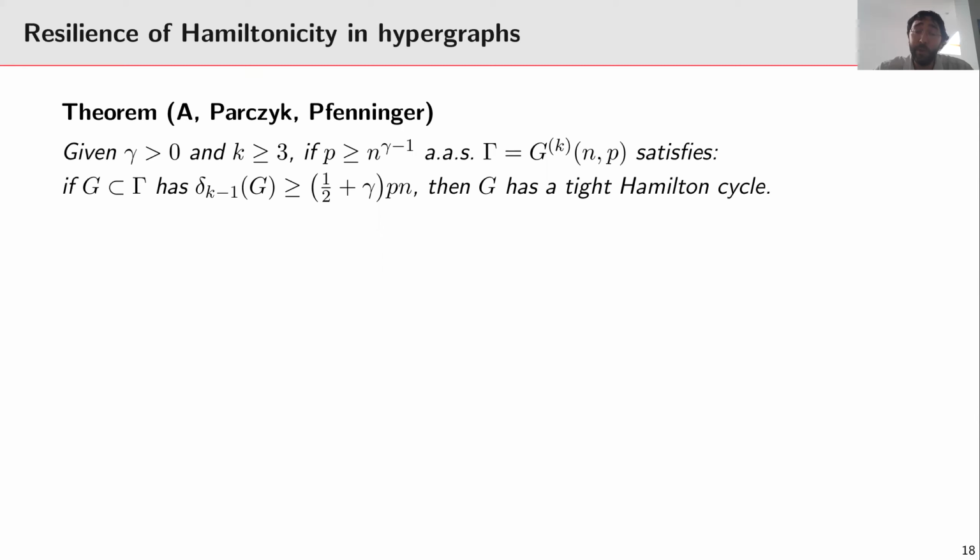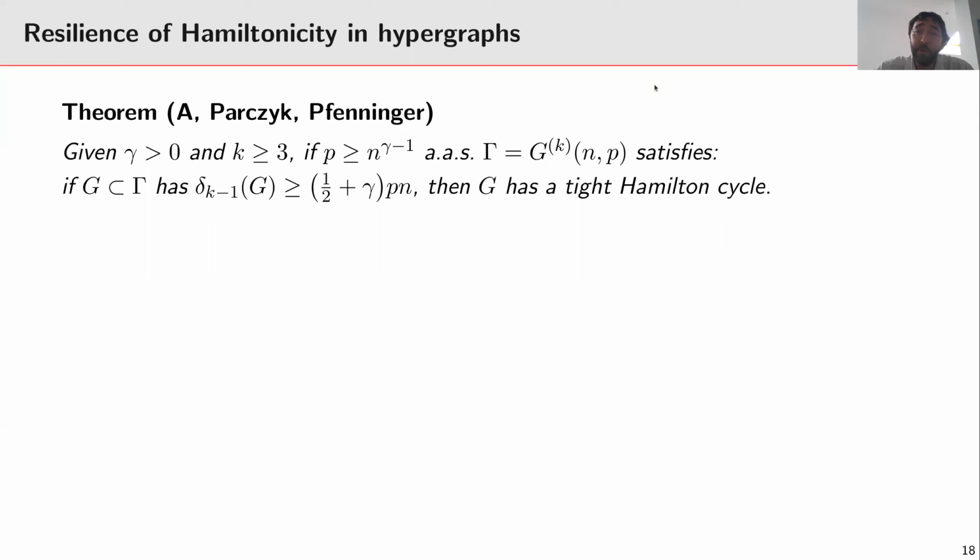So this is a resilience statement for tight Hamiltonicity of hypergraphs. You give me a uniformity k at least 3, you give me a small error term gamma, and then the statement is, if you generate the random k-uniform hypergraph, so edges independently with probability p, and p is slightly bigger than 1 over n, then asymptotically almost surely, any subgraph with minimum co-degree a little more than 1/2 of what the random graph had will still have a tight Hamilton cycle.